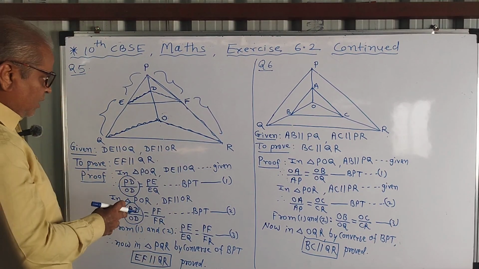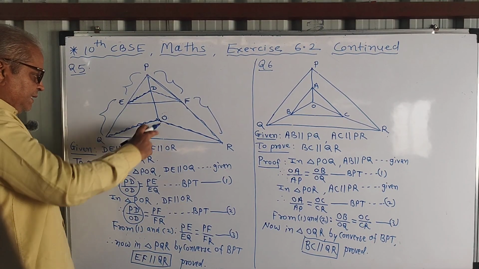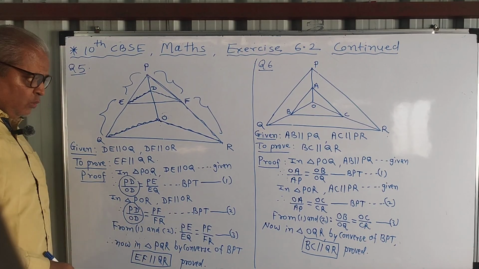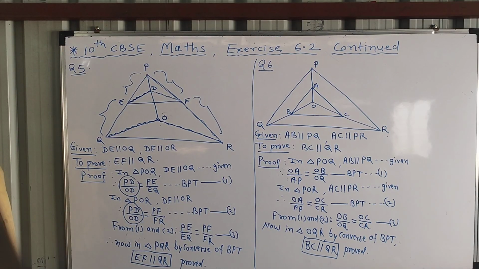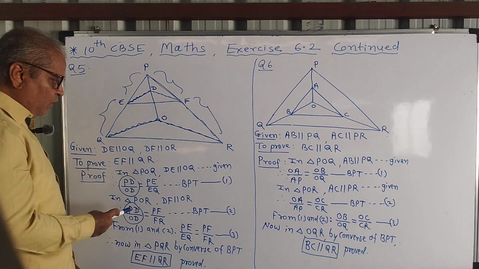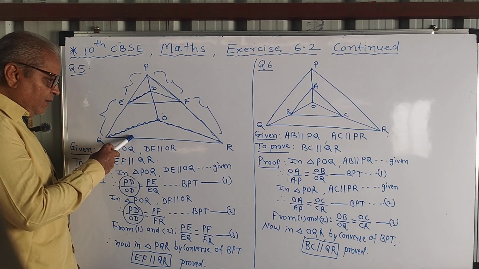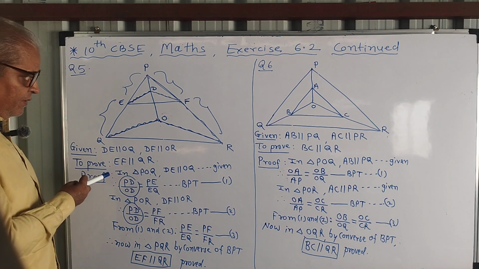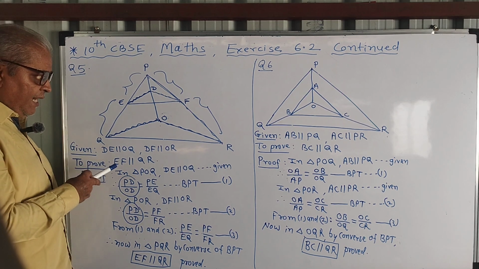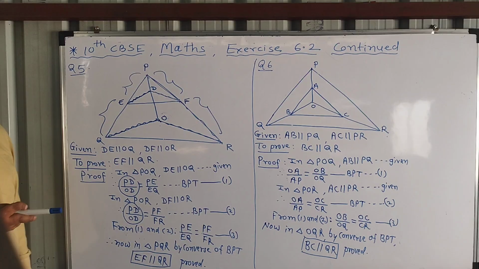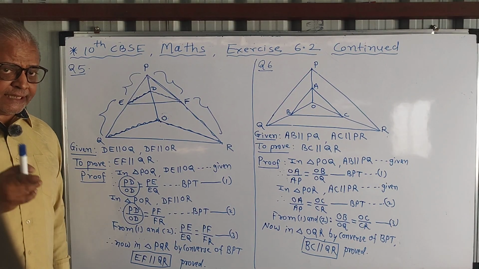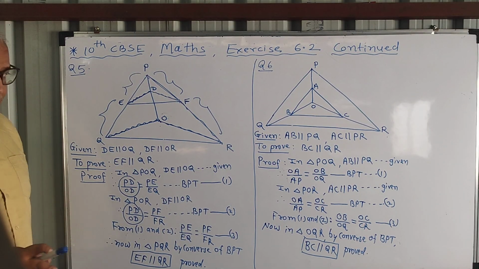That means the two sides of a triangle are in the same ratio, and this is possible when the line is parallel to the third side. That means this is nothing but the converse of BPT. If a line divides two sides of a triangle in the same ratio, then that line has to be parallel to the third side.